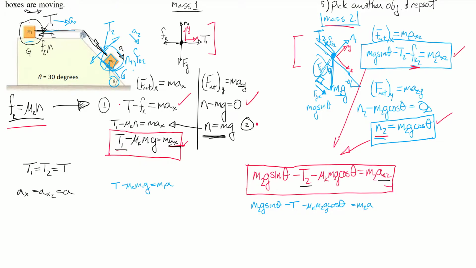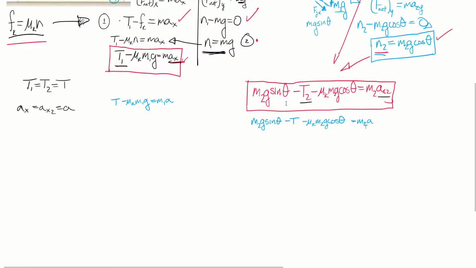Now, hopefully we can solve this. Two equations, two unknowns. It's just algebra, but hopefully we can do it. T is equal to m1a plus m1 mu k times g.